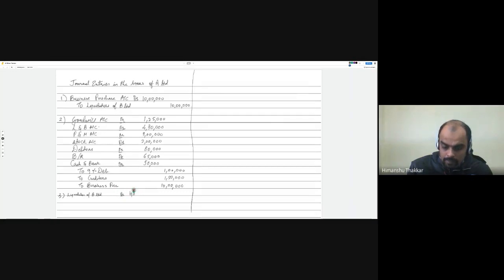You are making the payment in the form of preference shares, sorry, preference shares were for 2 lakh 50,000.